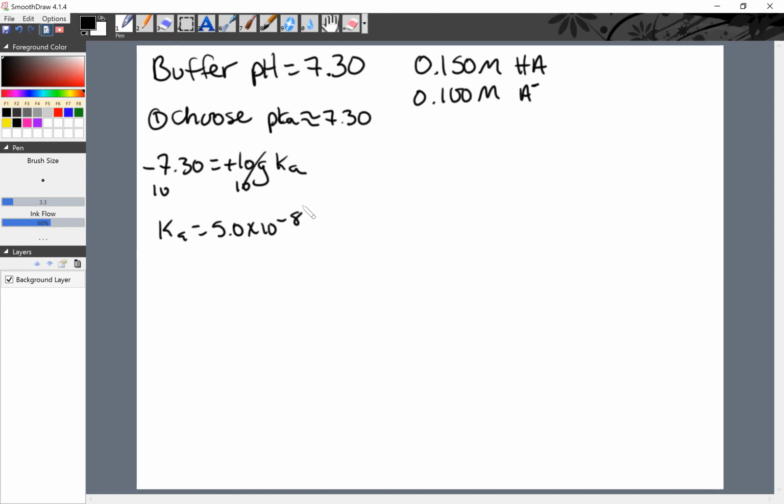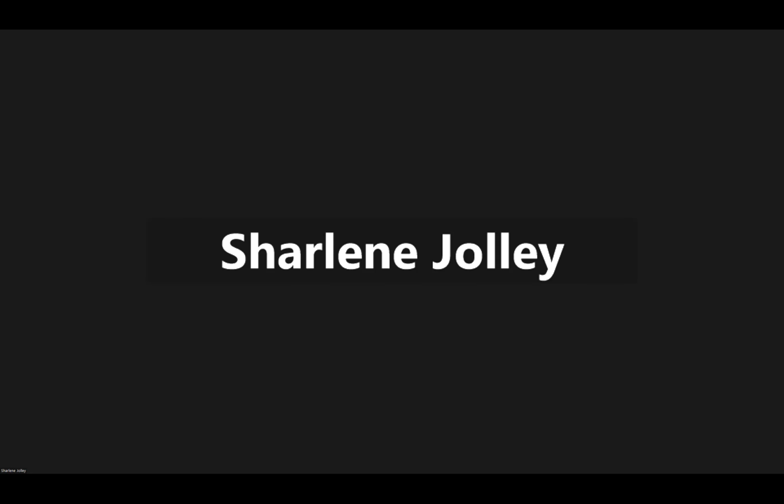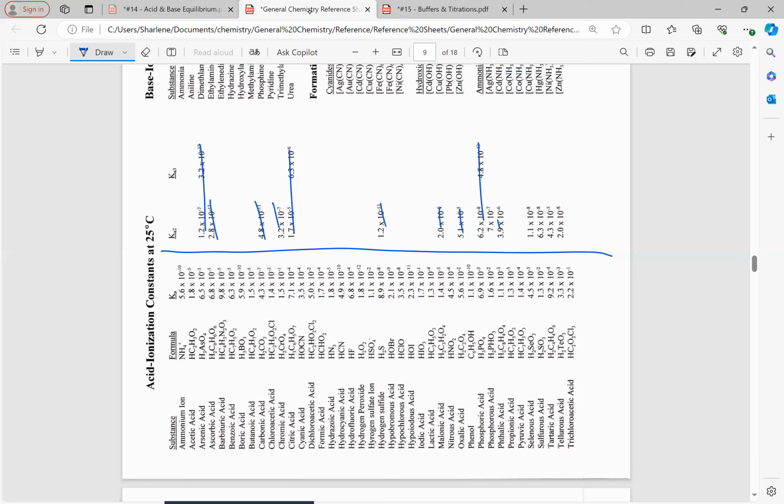Now I'm going to go over to my reference sheet, and I am going to limit it to monoprotics. I know it's sideways for you, but let's see. I already forgot: it was 5 times 10 to the -8. If we start at the top, that's kind of far away, -10. So I'm looking to see if anybody is at -8.